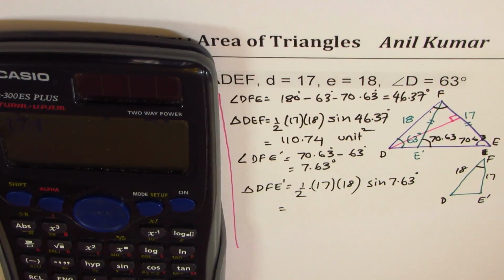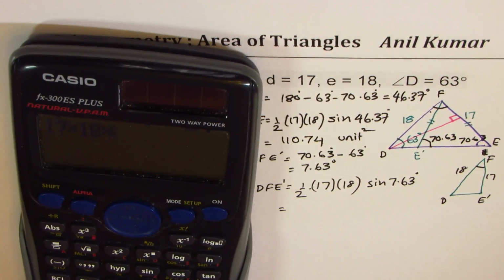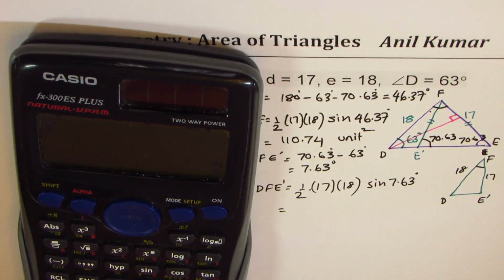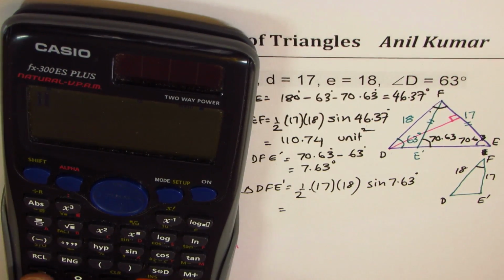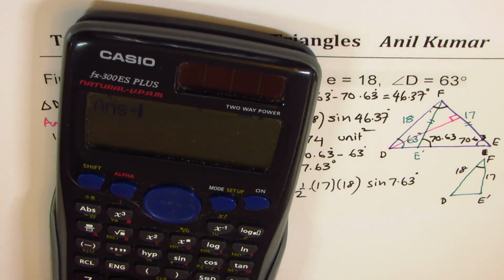So we get 17 times 18 times sine of 7.63 divided by 2, half of this, right?